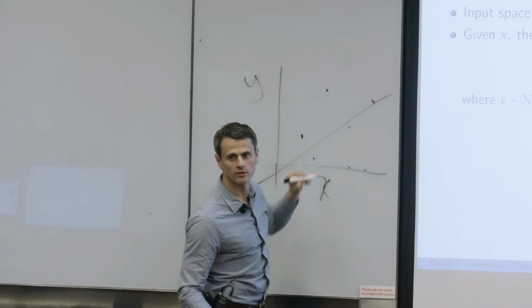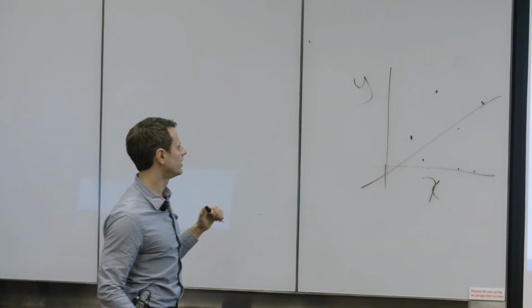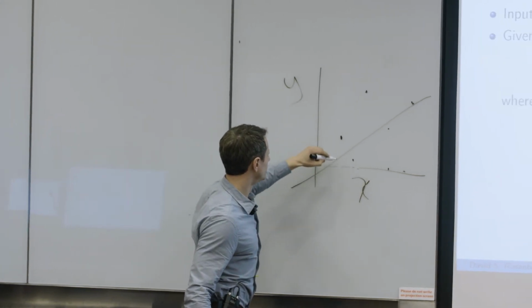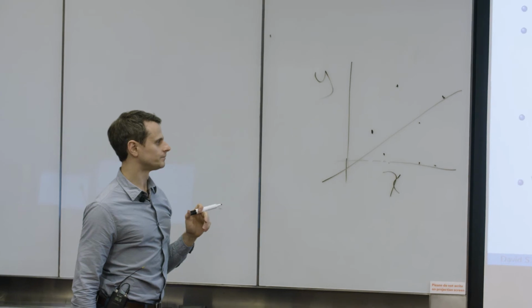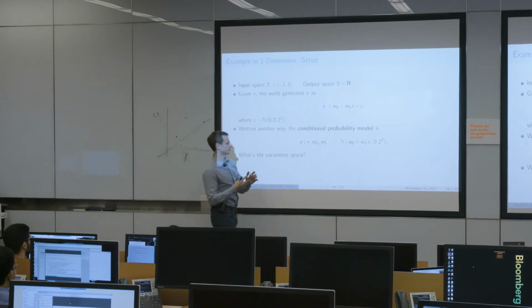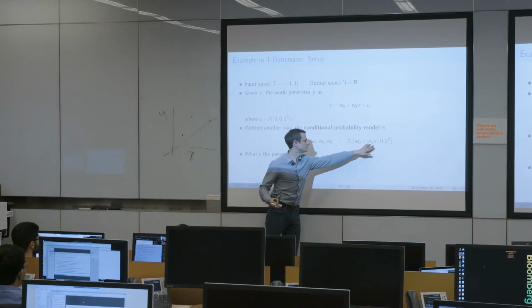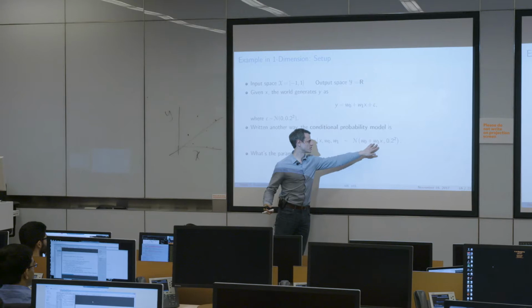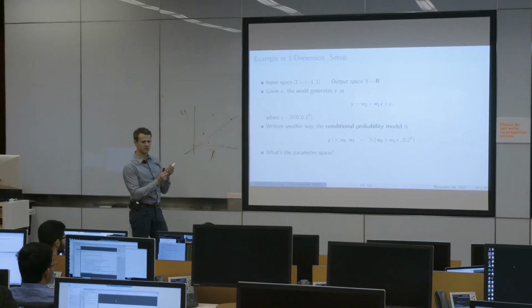That is a sample draw from this. And we'd like to know the w0 and the w1 corresponding to that line. So another way to write it is y conditional on x is Gaussian with mean the affine transformation of x, and then a little bit of variance around that. All right, so what's the parameter space here?